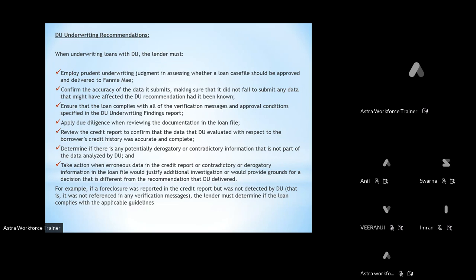We need to identify how the income is derived, from which sources they are using, and whether we have the supporting documents for that. All this work we need to do is called due diligence. We cannot just match the amount mentioned over there. We need to do the calculation from our end as underwriters, and that has to be matched with the DU.